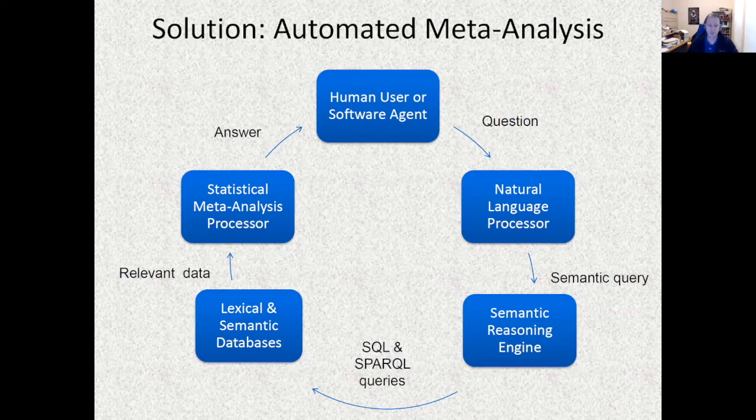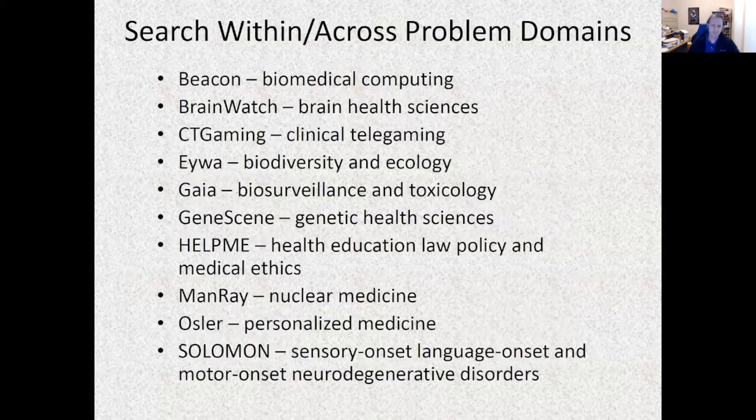Well, some of the basics that are available in software engineering in today's world, it typically involves things such as NLP, use of a natural language processor, semantic reasoning engine, et cetera. Are you going to be doing SQL queries? Are you going to be doing SPARQL queries? Are you going to be examining a lexical database, semantic database? How are you going to analyze the statistics, et cetera?